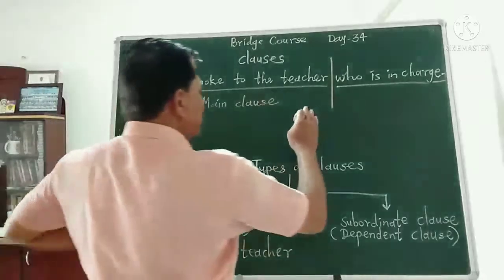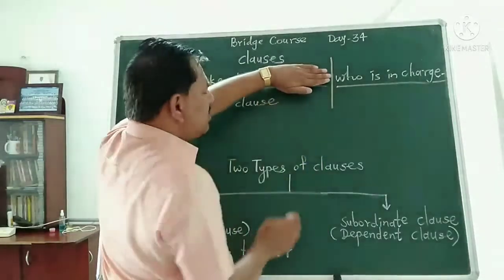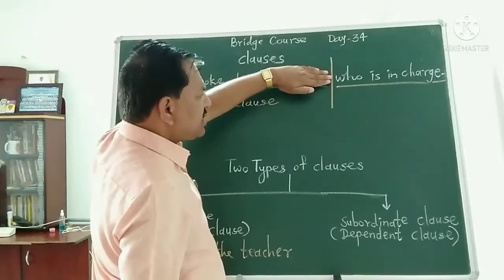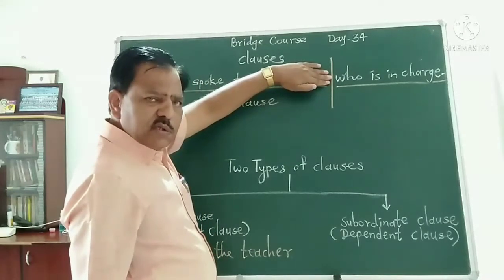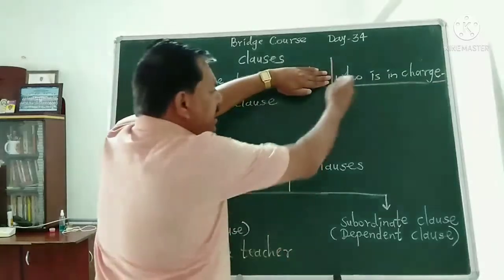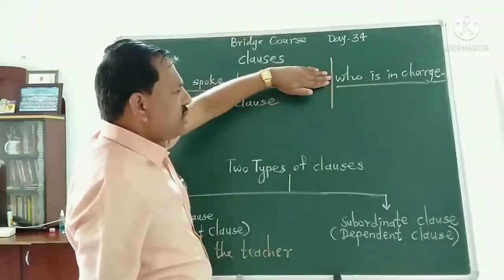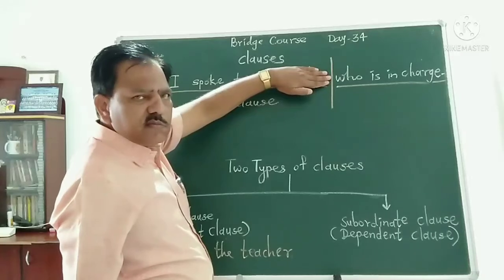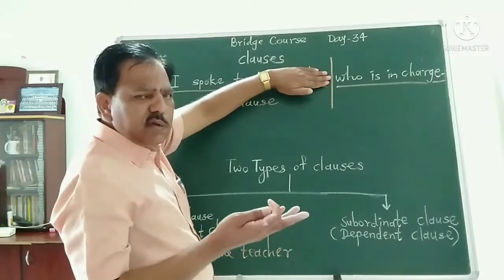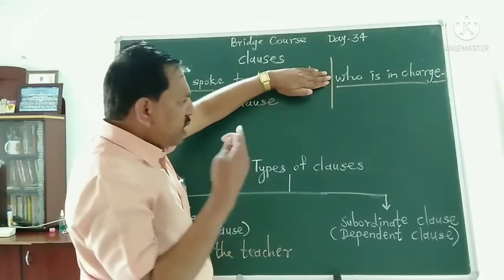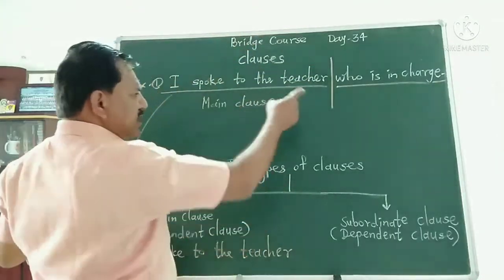And when we disconnect the second from the first one, it does not make sense standing alone. It is not independently meaningful when it is disconnected from the first clause. Who is in charge? This clause does not have any meaning. It is not meaningful independently. So this is subordinate clause.